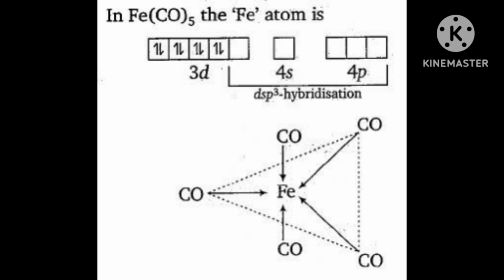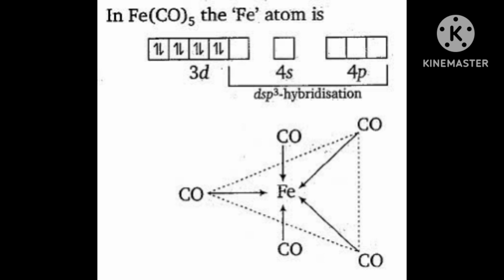Then K3 is equal to the molar concentration of ML3 divided by the molar concentration of ML2 into the molar concentration of L. In the same way, a fourth L will join ML3 plus L, and it will form ML4.